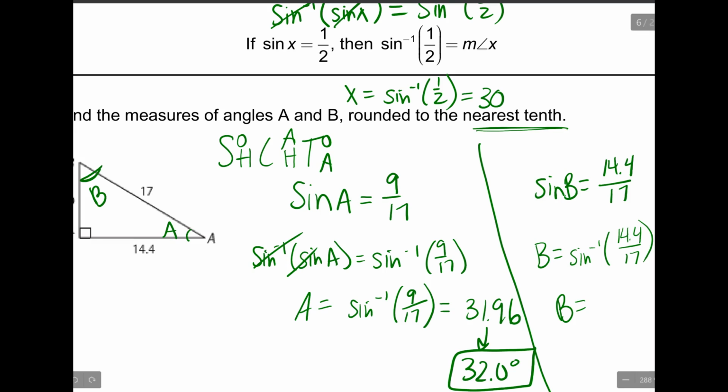So as soon as we finish this, we'll be done. What would this be equal to? 57.89, so 57.9? Yeah.